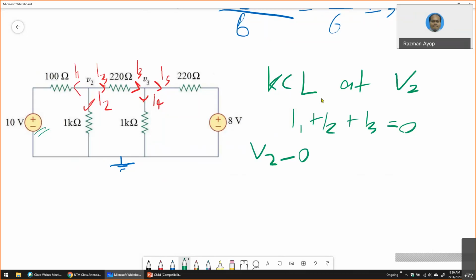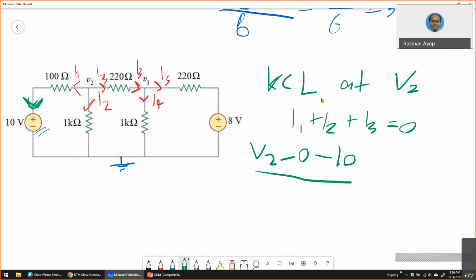And because of the voltage source, if you look here, it goes to positive. So if it goes to positive, you have to minus 10. If the direction of the current goes into positive, you have to use negative. If the direction of the current goes into negative, you have to place positive. So you have to invert it.